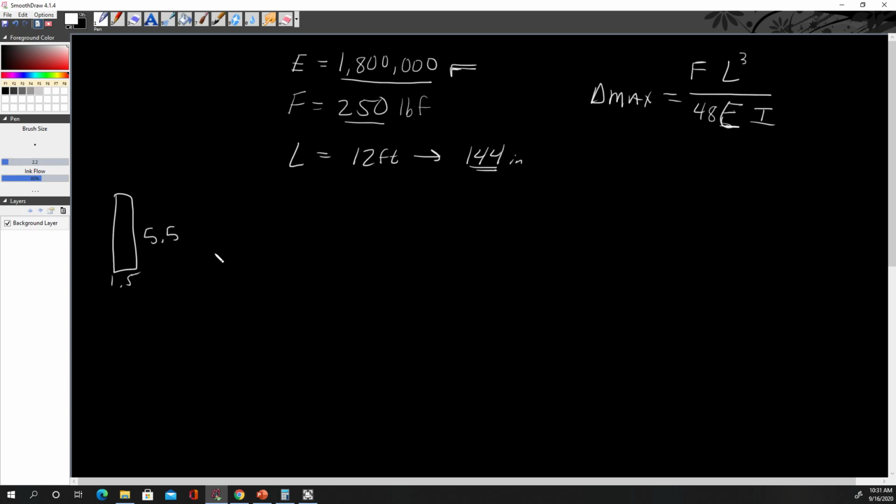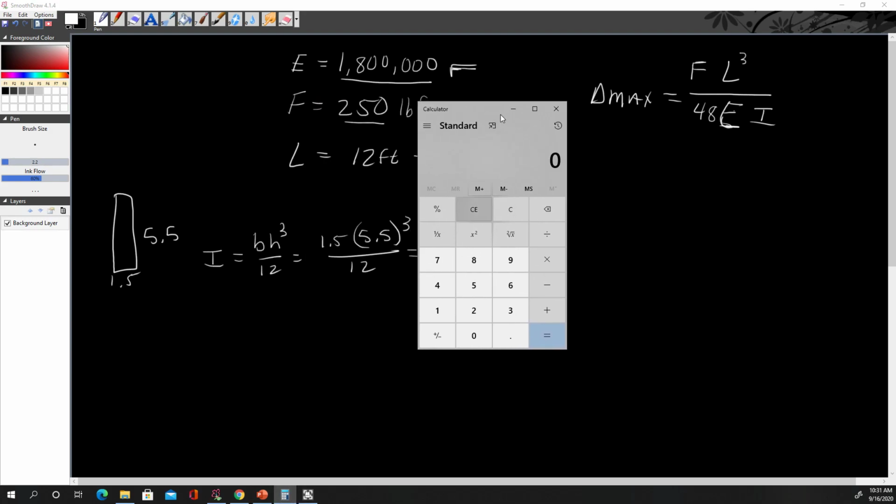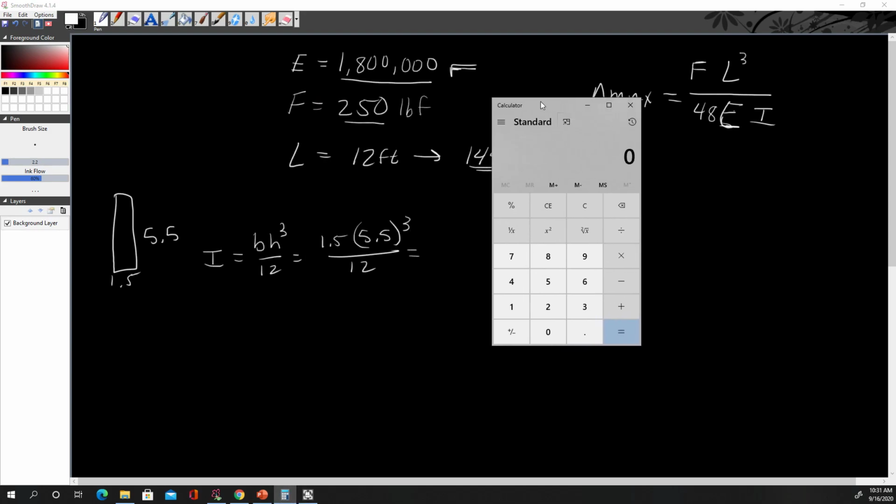So yesterday you were supposed to find the I of it, and remember, it's base times height cubed divided by 12. And so base is 1.5, the height is 5.5, but we have to cube that, and then divided by 12. And this is, like I said, work from yesterday. And I think it was 21, but let's just do a quick double math check on that. Let's clear this calculator, and let's do quick work.